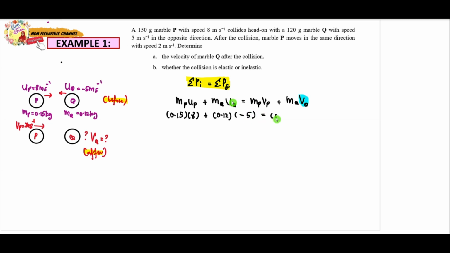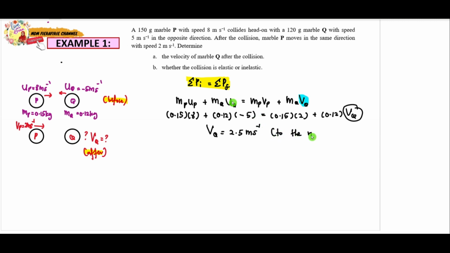Alright, so this one 0.15, VP is 2 meter per second to the right, so positive, plus MQ is 0.12 VQ. Okay, so now we can calculate what is the value for VQ. So now VQ is equal to 2.5 meter per second.